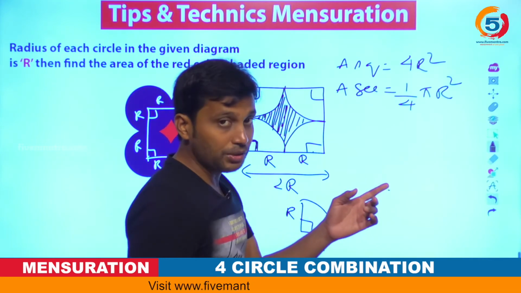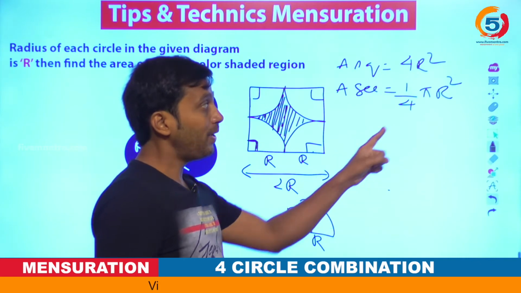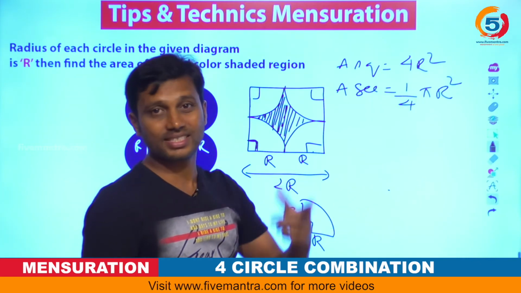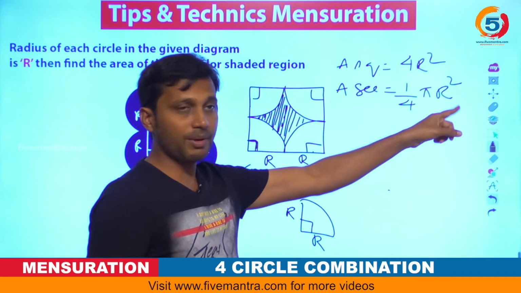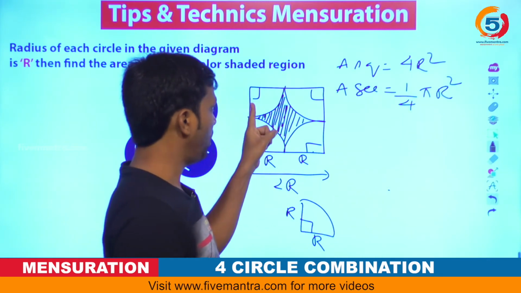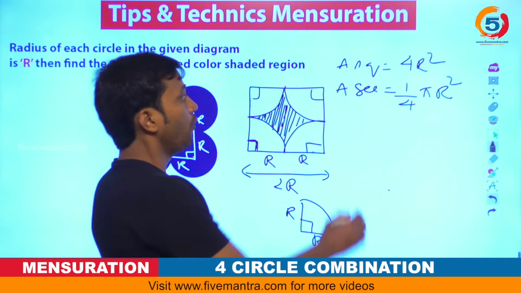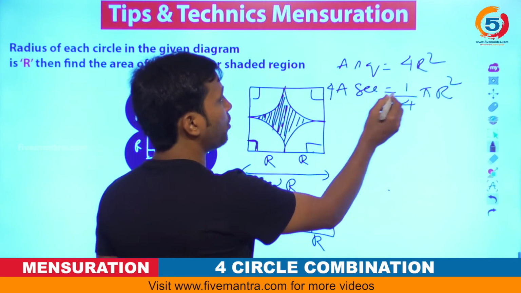Now if you want to find out the area of the shade, we have to subtract the area of how many such sectors. Each area is 1 by 4 pi r square. How many such sectors are existing over there? 1, 2, 3, 4. All are having equal size. So the 4 sectors' area would be multiplied by 4 times.